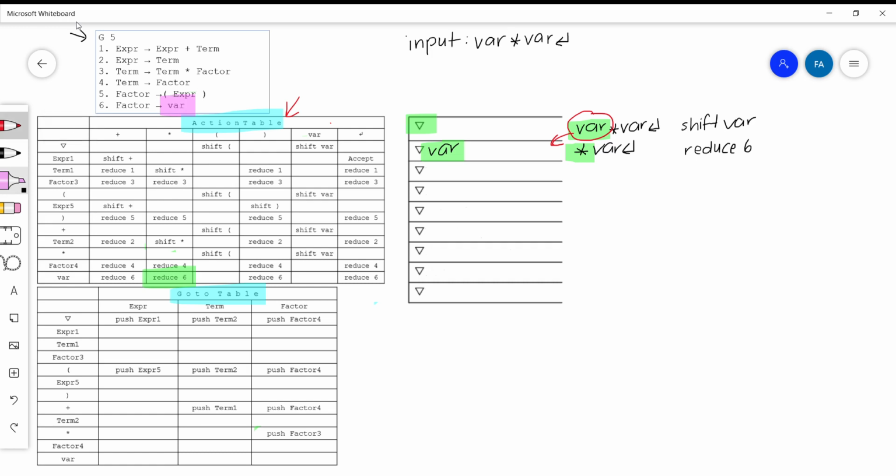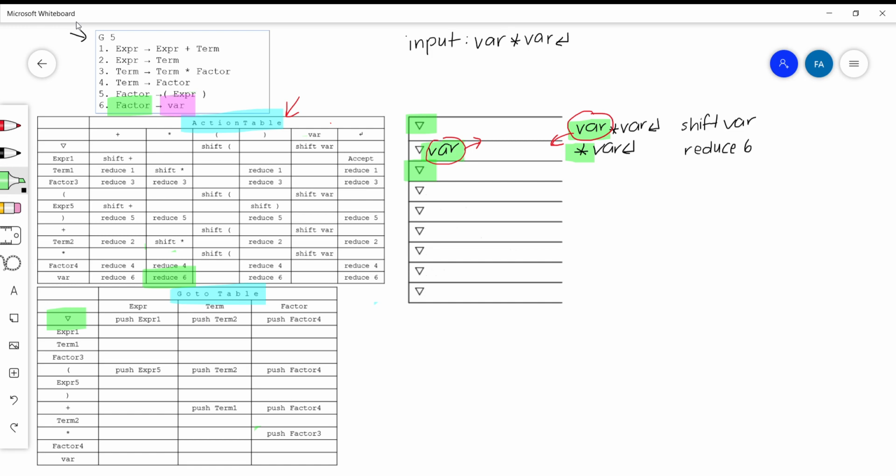So what we will do is take var out of our stack. Once we take out var, our stack is left with bottom marker as the symbol on top of our stack. And then we need to refer to the goto table. At the goto table, we will read bottom marker, since bottom marker is now the symbol on top of our stack, and then we read factor, because factor is the symbol on the left side of rule 6.